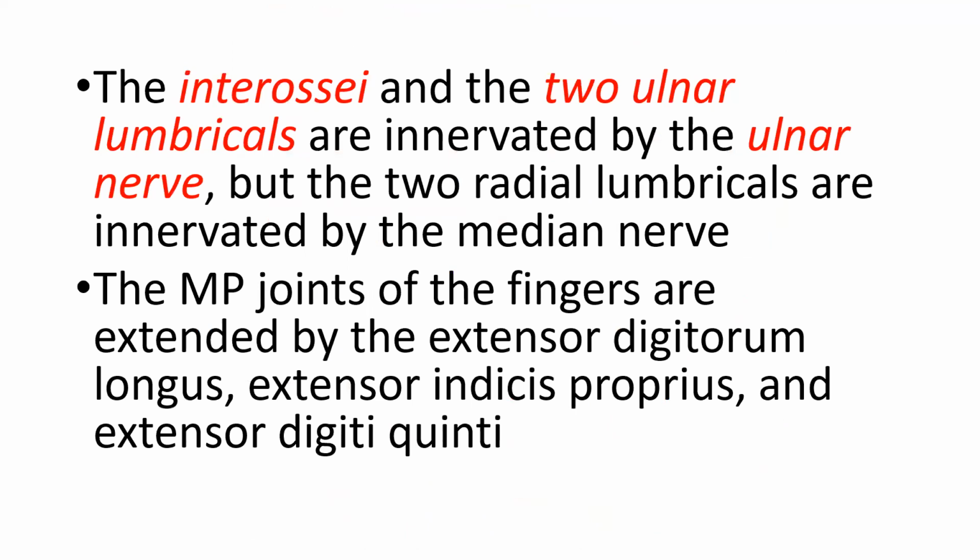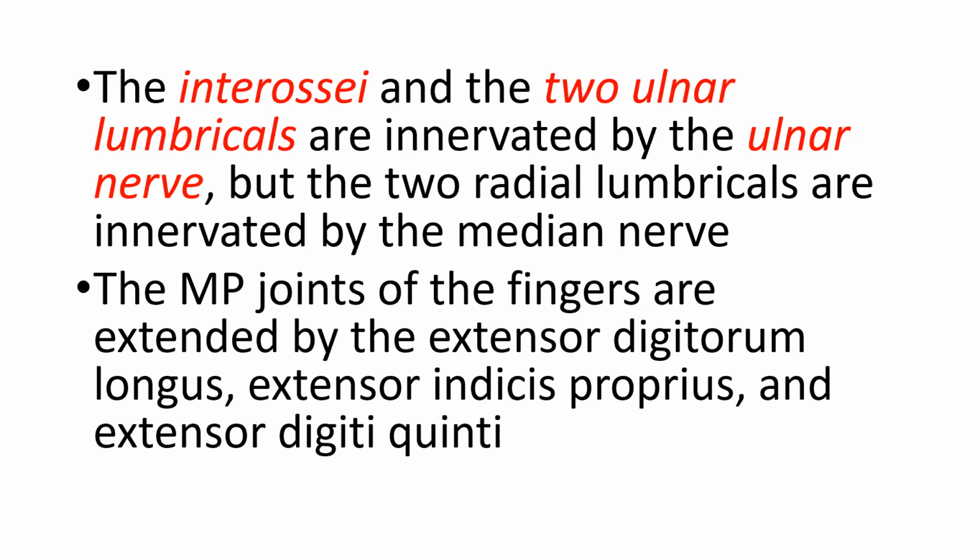The interossei and two ulnar lumbricals are innervated by the ulnar nerve. I repeat, the interossei and the two ulnar lumbricals are innervated by the ulnar nerve, but the two radial lumbricals are innervated by the median nerve.